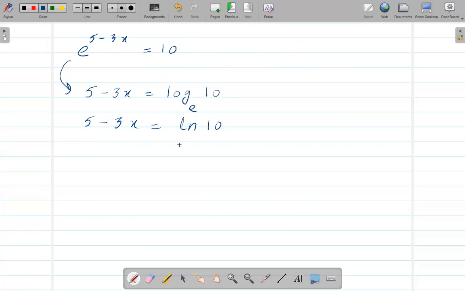Now to solve this, I guess you guys can do it. It will be 5 minus log of 10 equals 3x. Now divide by 3 on both sides. So x equals 5 minus natural log of 10, over 3, right?